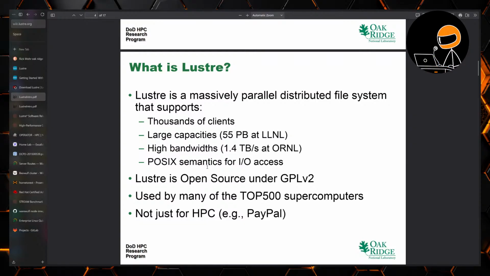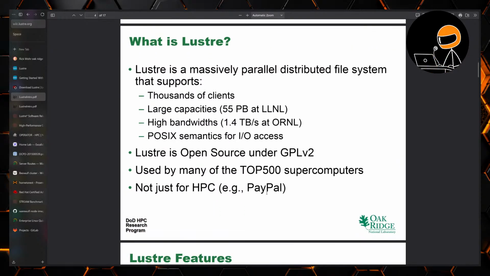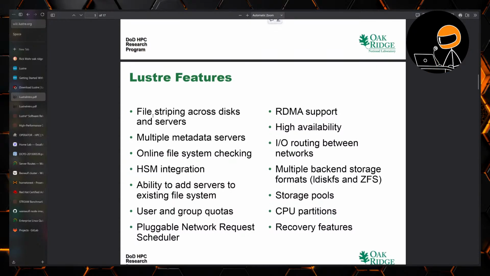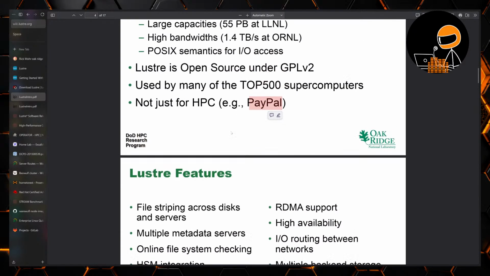And then POSIX semantics for input-output access. Then Lustre is open source under GPL version 2, and used by many of the top 500 supercomputers, not just for HPC. PayPal.